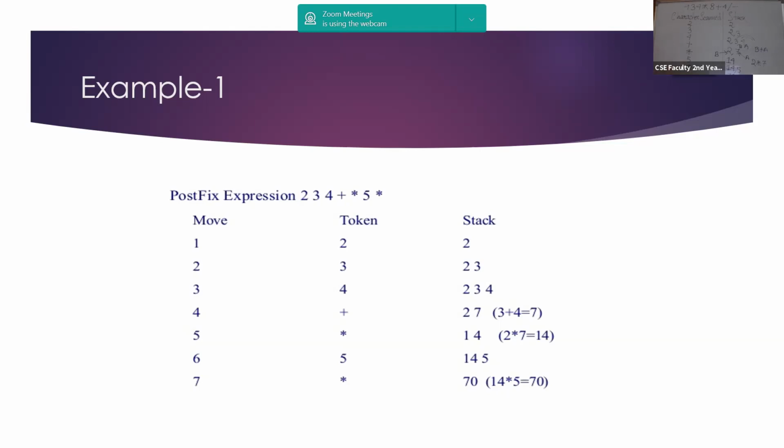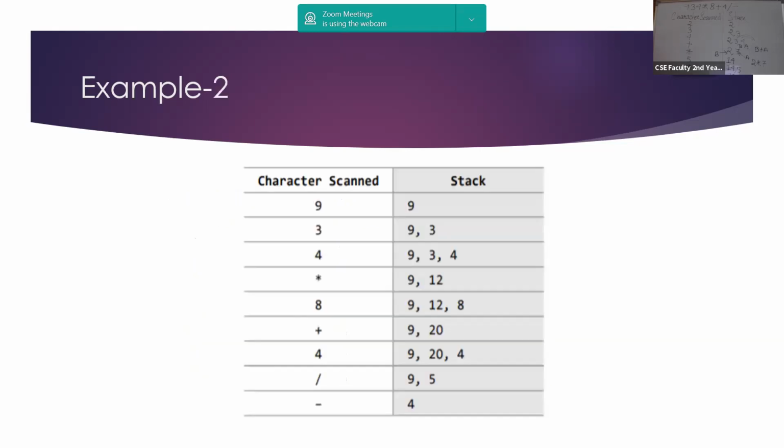So you can follow these steps and find out the result and pick the correct one. That is for MCQ. And if it is an offline exam, then you have to do it this way. You have to make 2 columns, one for scan character, another for stack, and then you have to evaluate. Is it clear to everyone? Yes, ma'am.